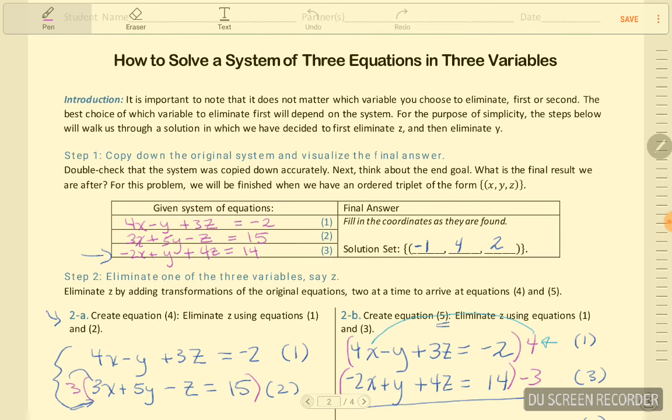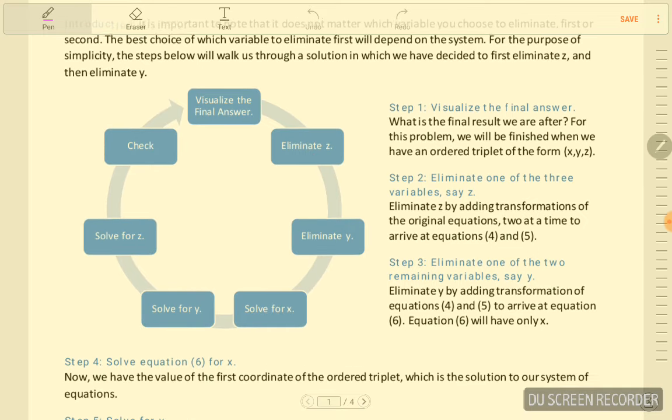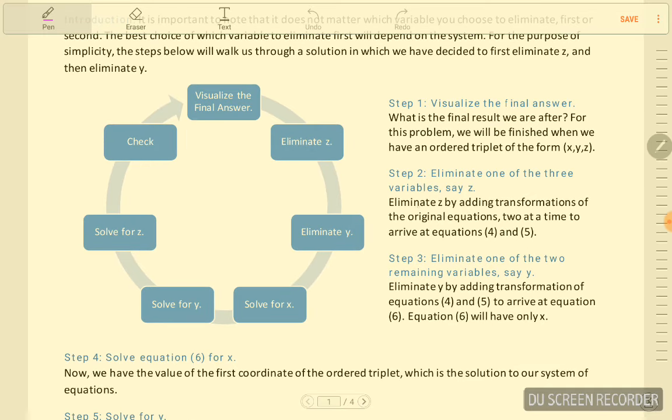So what we did is we visualized the final answer. We eliminated one of the three variables by using two equations at a time. We transform them by multiplying them by something if we need to, and then add to get rid of z. We do that twice, giving us two new equations. So we end up making ourselves a brand new system of equations, a system of two equations in two variables.